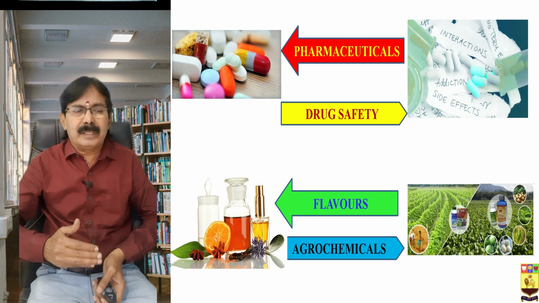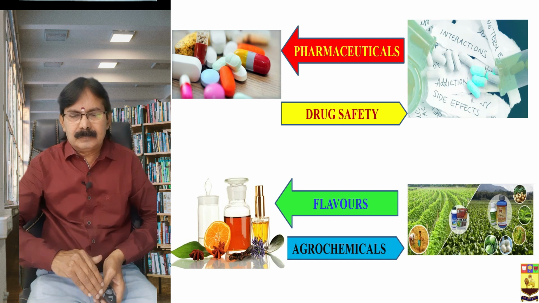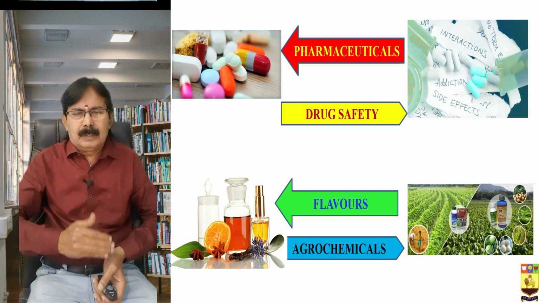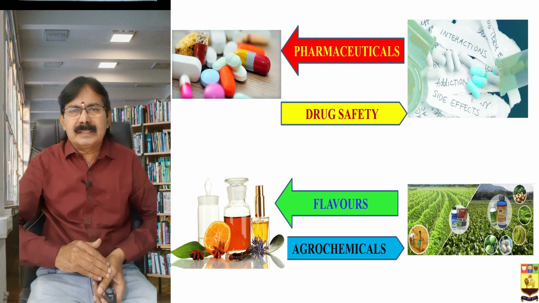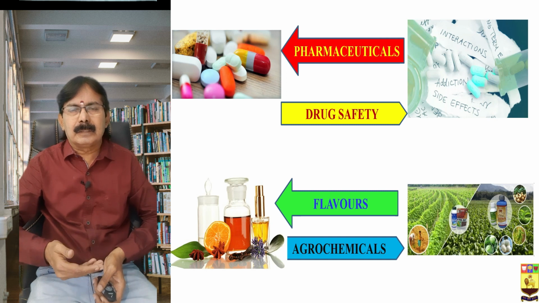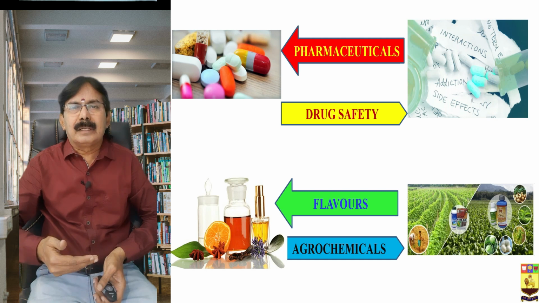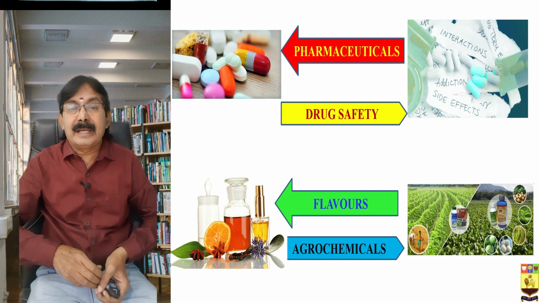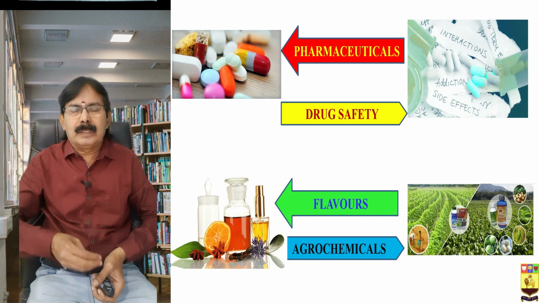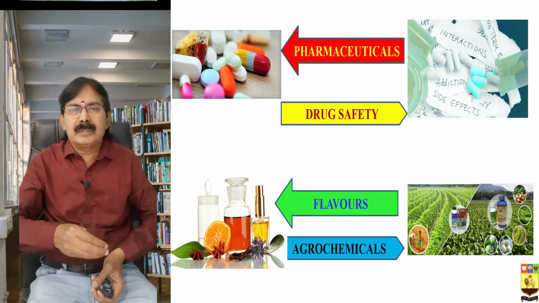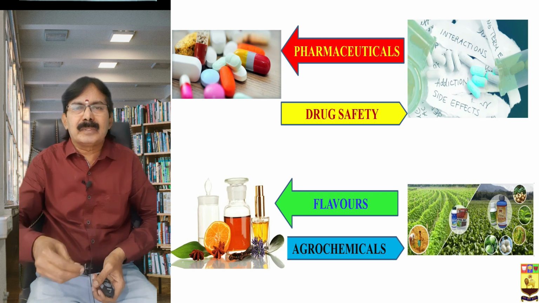If you take pharmaceuticals and drug safety, asymmetric synthesis is very important in drug development. Many new drugs are developed which show very good, enhanced ability. As already told, if we take a pair of enantiomers, one enantiomer shows one activity, another enantiomer shows another activity.